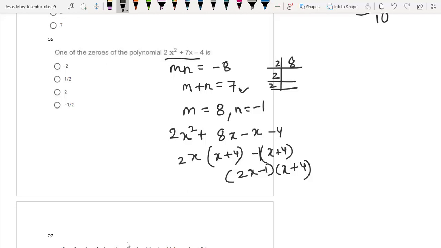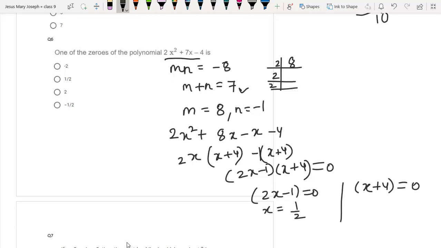To find the zeros we will first keep them equal to 0. So first we will take 2x minus 1 equal to 0, and second we will take x plus 4 equal to 0. The first zero is 1 upon 2 and the second is x equal to minus 4. Let's find what is given. Okay, 1 upon 2 is given to us, so this is the answer.